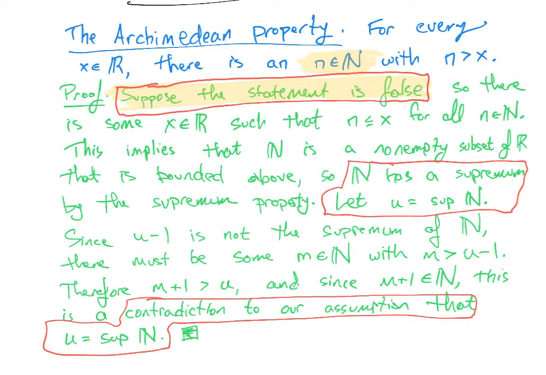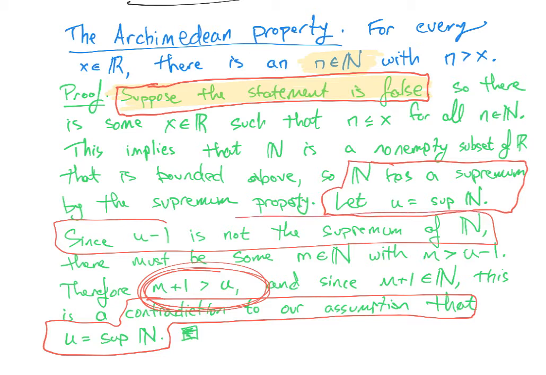So if you tried to derive that final contradiction by using x, what would you do? You'd want right here to say that m plus 1 is greater than x, but you're not going to be able to do that, because you can't do this part. You can't say since x minus 1 is not the supremum of... Oh, okay. You actually need the supremum. Thank you.